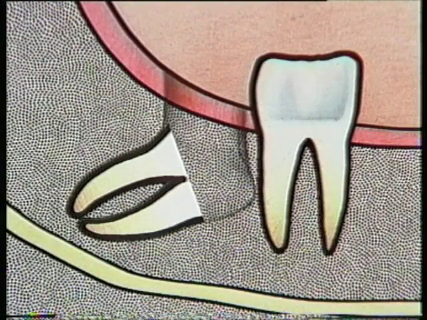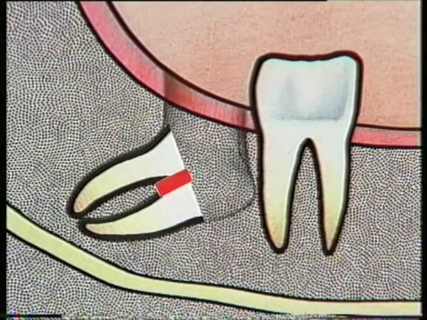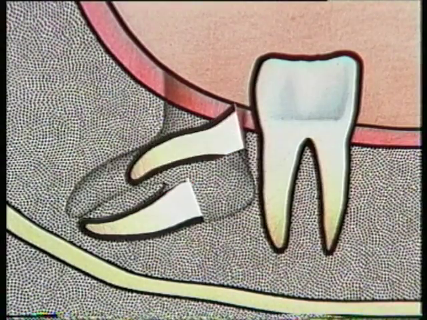Also, because of the proximity of the inferior alveolar nerve against the mesial root, no downward force should be transmitted which might harm the nerve. So, to overcome this, the roots are sectioned from one another, and each moved forward and elevated out separately.